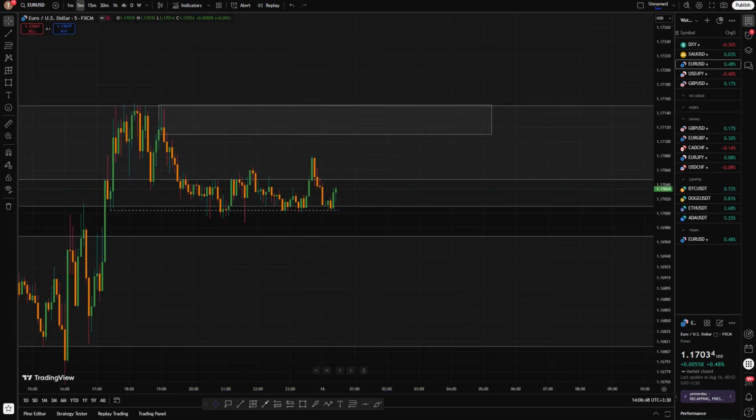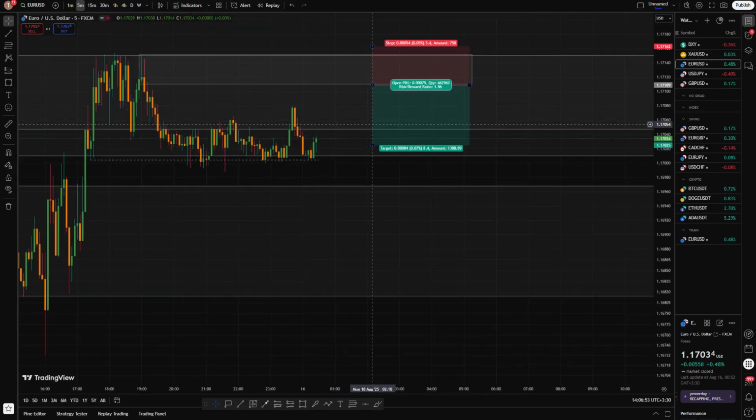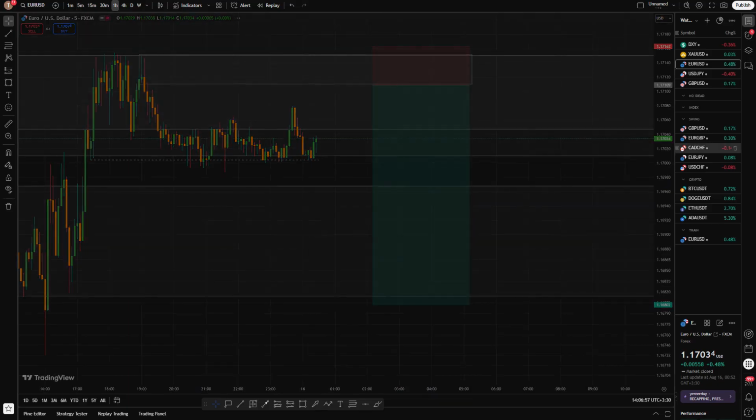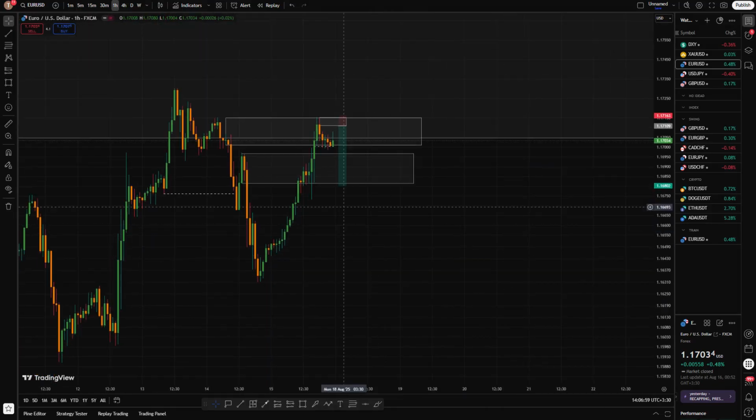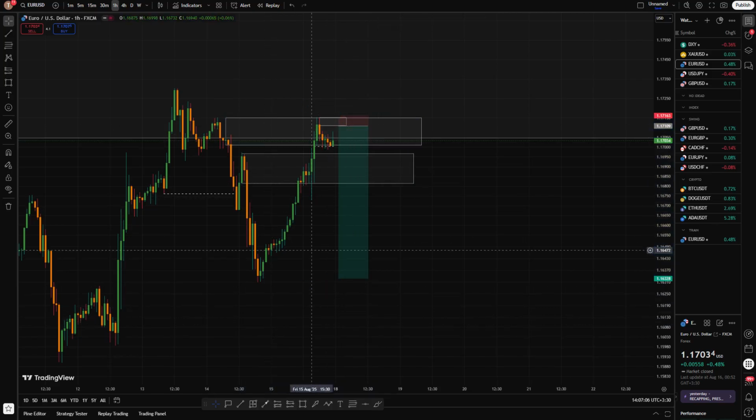In this area, we can open a sell position here with this stop loss, and our final TP will be here, another low in 1H, because we are bearish. So this is a good risk to reward.